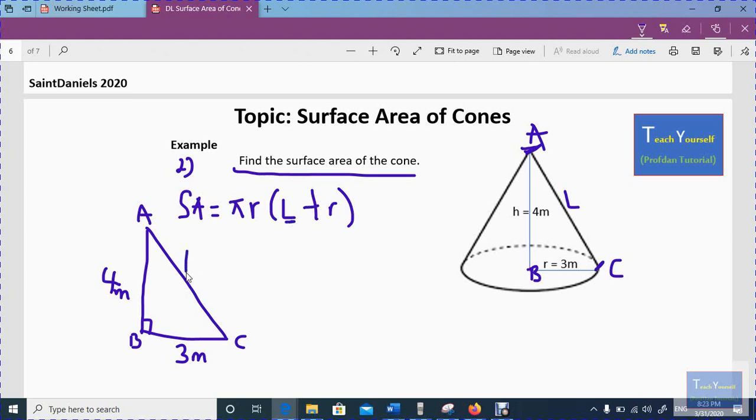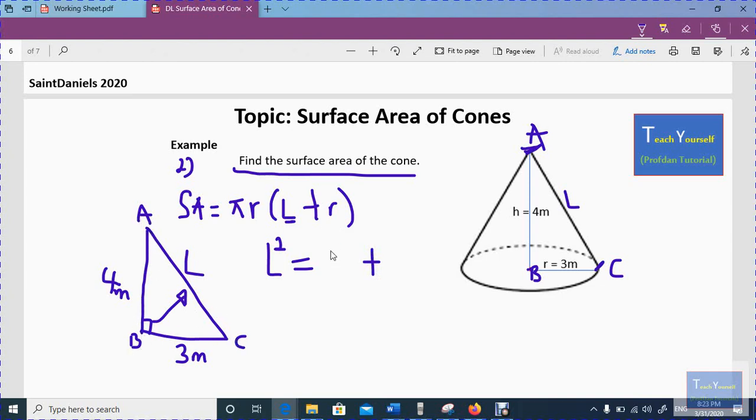So to find this slant length, we use what we call Pythagoras Theorem in mathematics. And Pythagoras Theorem states that the square of the side facing the right angle, which is L, its square, is equal to the sum of the squares of the remaining two sides, which is AB and BC.